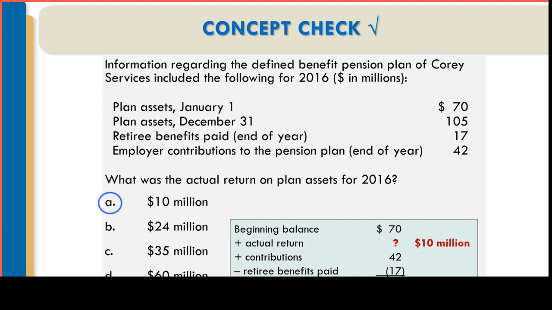Now this is the actual return. So we have to also think about what we expected the return to be. And the expected return may not be 10 million. We might have expected to earn 9 million, in which case we did better than our long-term goal because we have 1 million over that.